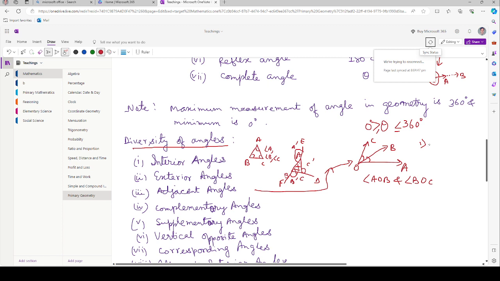What are these properties? Number one, common vertex.